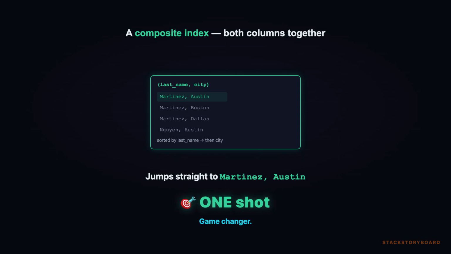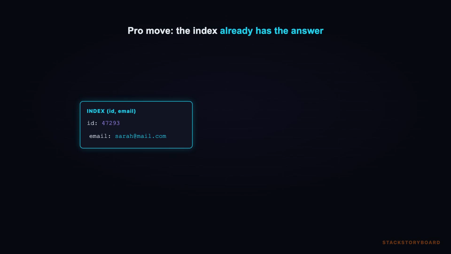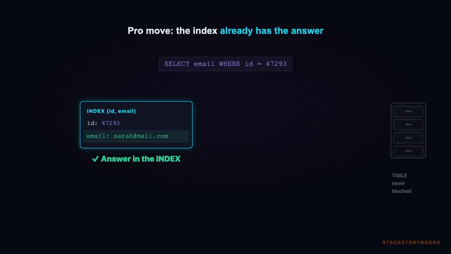Game changer. The covering index hack. Here's a pro move. Sometimes the index itself contains all the data you need. Let's say your index stores ID and email. If your query is SELECT email WHERE ID = 47,293, the database finds the answer in the index and never touches the actual table.